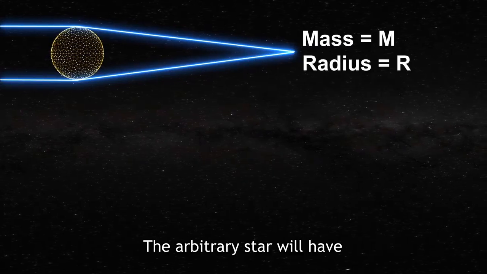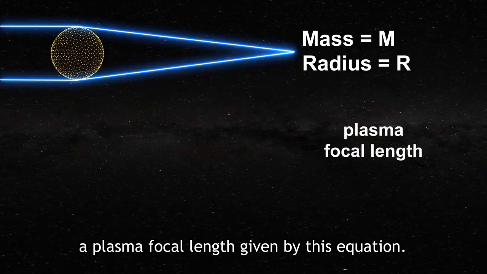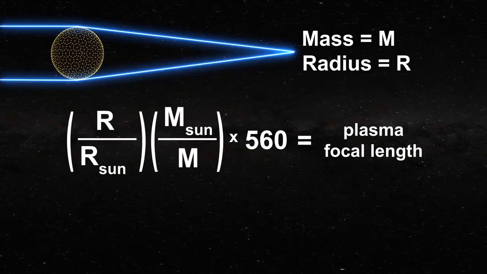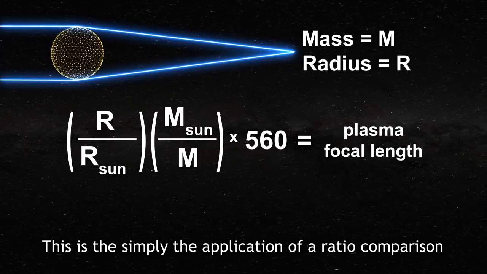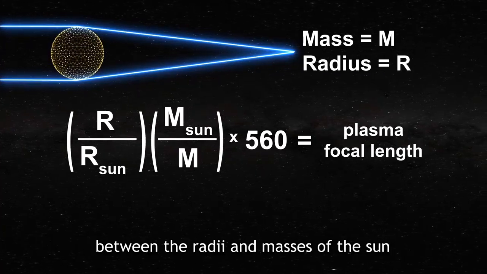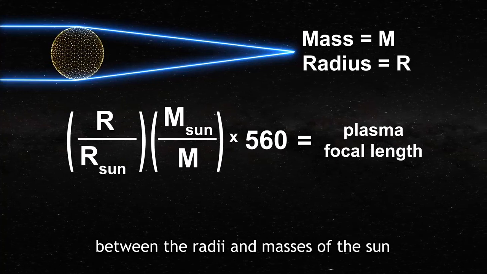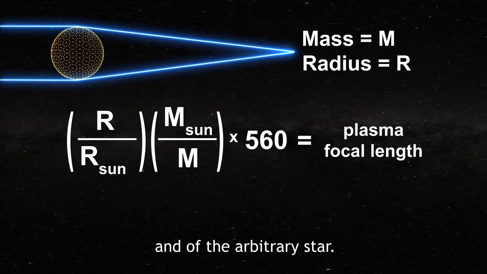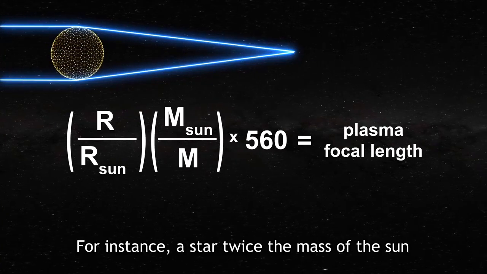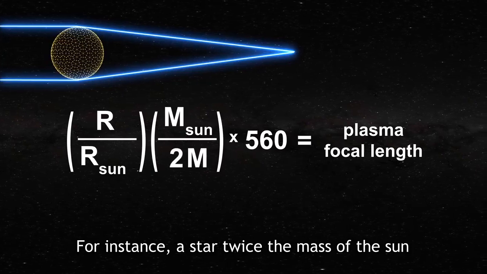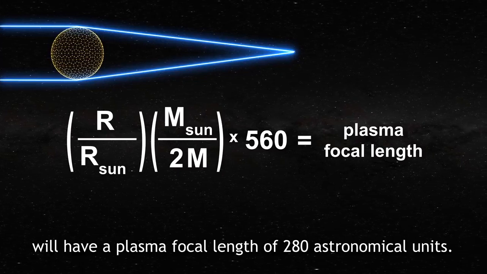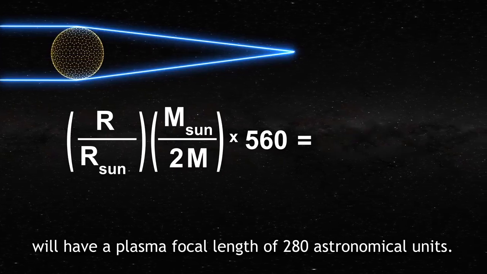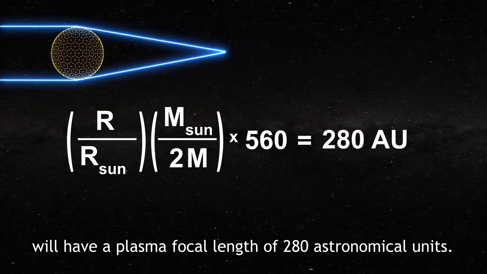The arbitrary star will have a plasma focal length given by this equation. This is simply the application of a ratio comparison between the radii and the masses of the sun and of the arbitrary star. For instance, a star twice the mass of the sun, with the same radius as the sun, will have a plasma focal length of 280 astronomical units.